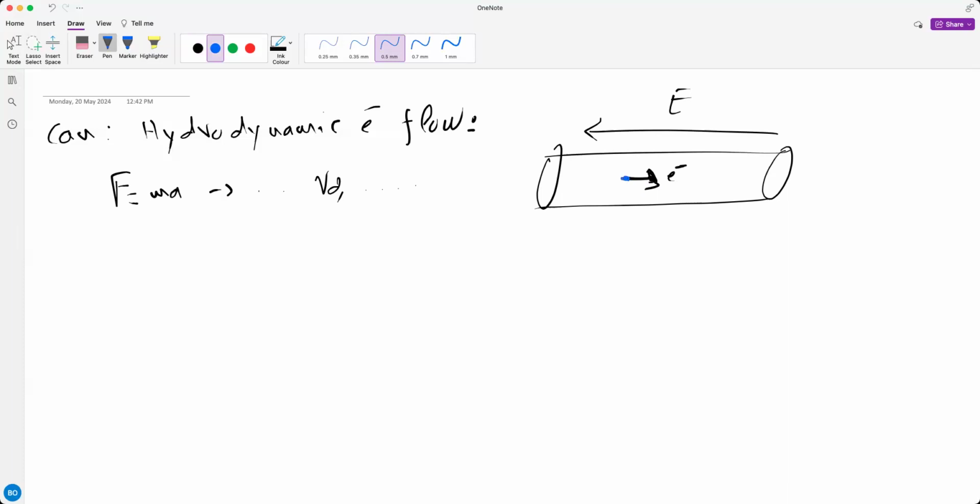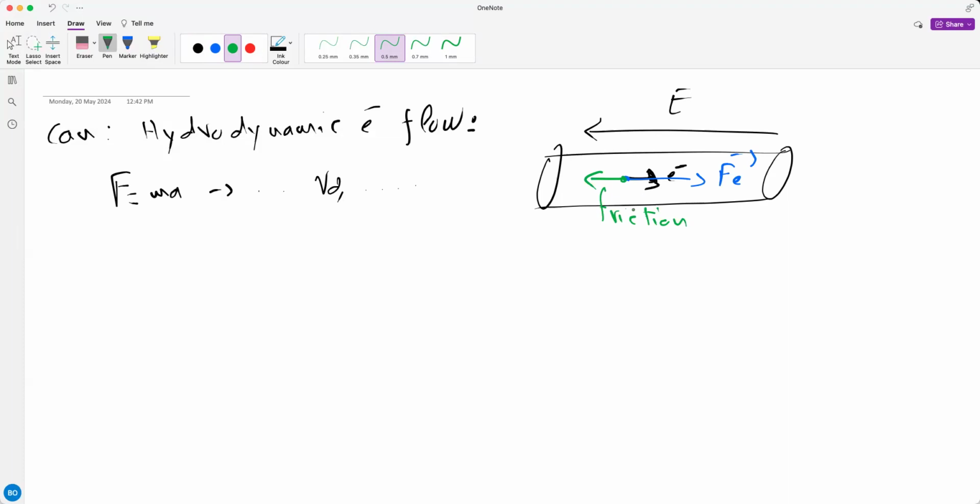It's subject to the electric force, but it's also subject to a resistance force, a friction force. Where is this friction force coming from? The molecules inside the metal?